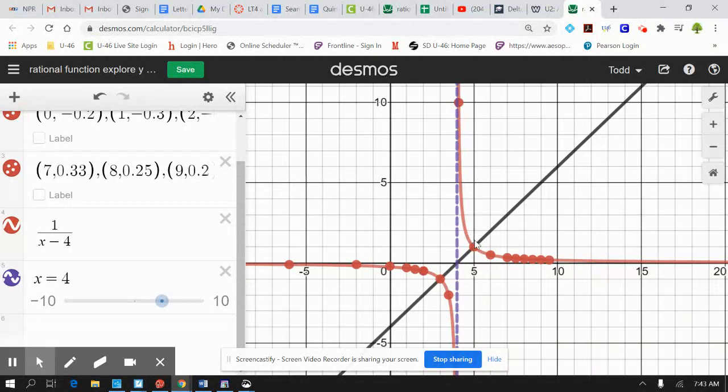So it'll never, ever cross or touch x equals 4. So that is a vertical asymptote. Vertical asymptotes are never crossed. Horizontal asymptotes may be crossed. In this case, it isn't, but that's not a rule. There's a horizontal asymptote of y equals 0 right here.